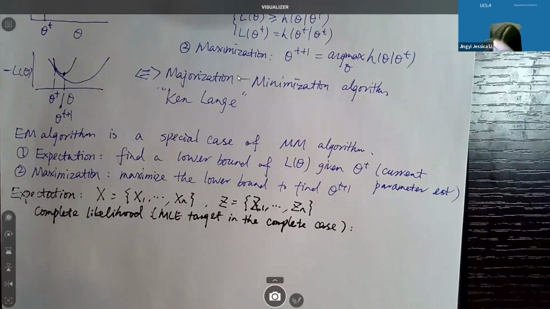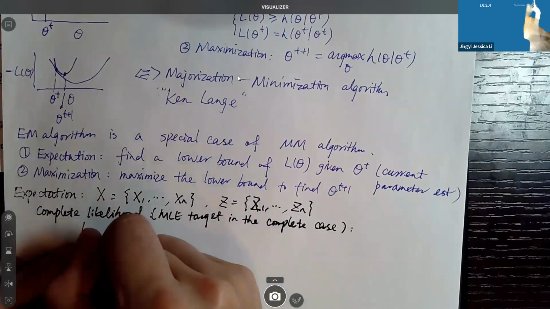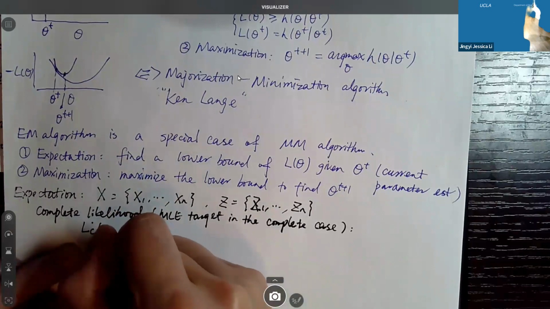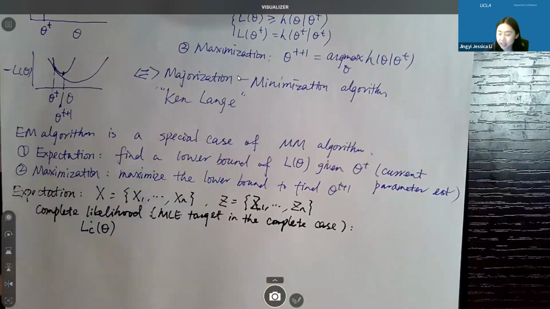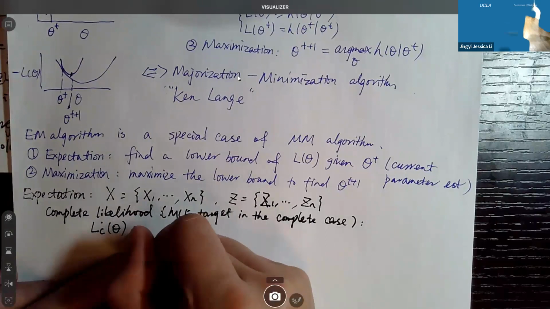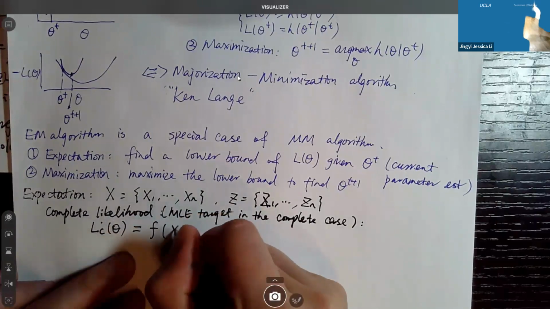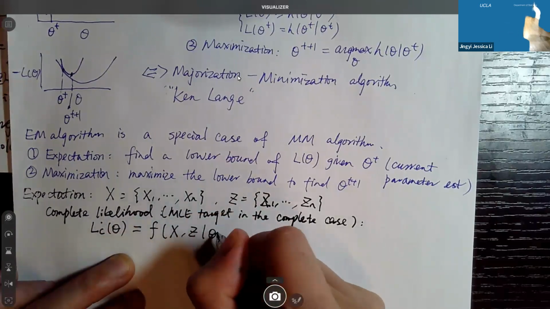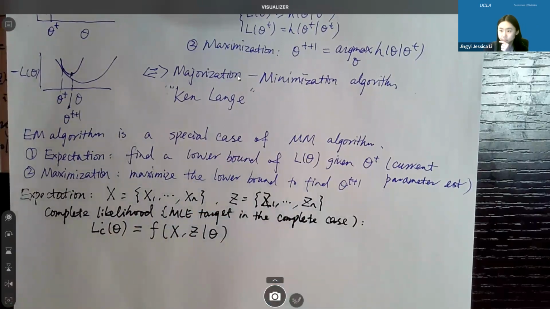So in this case, the complete likelihood we write as LC, where C stands for complete, is defined as the joint density of X and Z given theta. How about our likelihood?